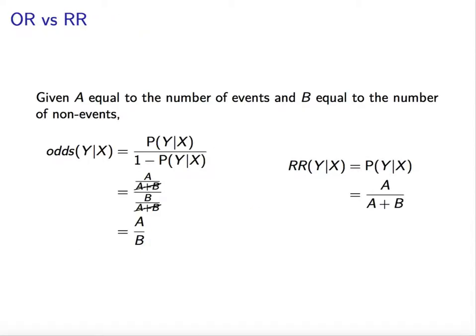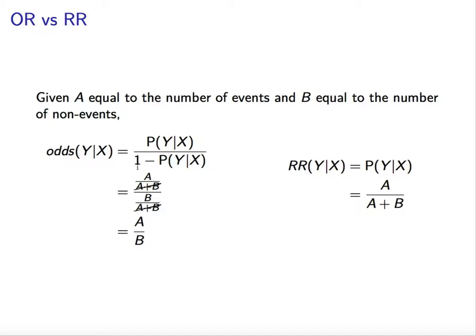If we're given the total number of cases and controls in a study, so A is the total number of cases, and B is the total number of controls, then the odds are defined as the probability of y given x divided by the probability of not y given x.